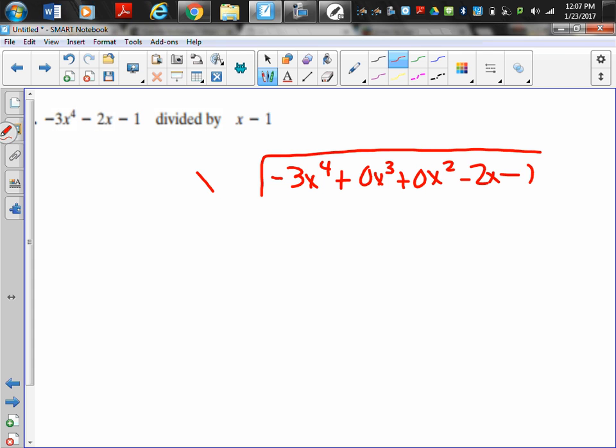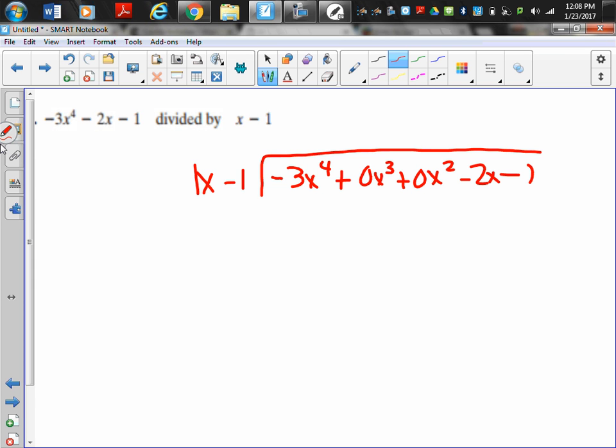Divided by x minus 1. Alright. What number is understood to be in front of the x, Granisha? One. So 1 times what is negative 3?